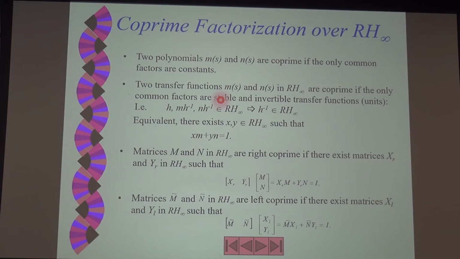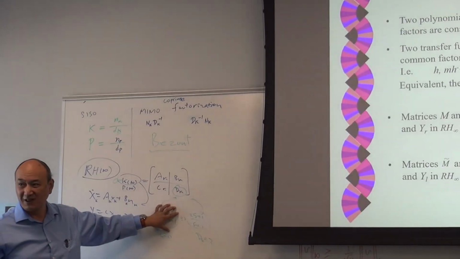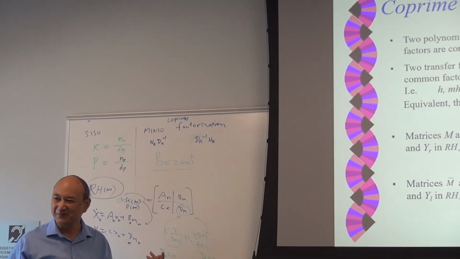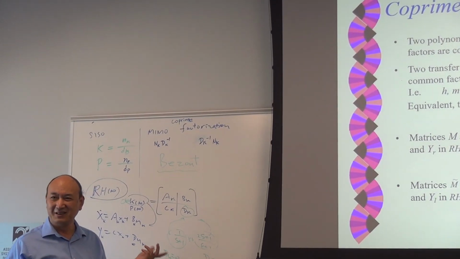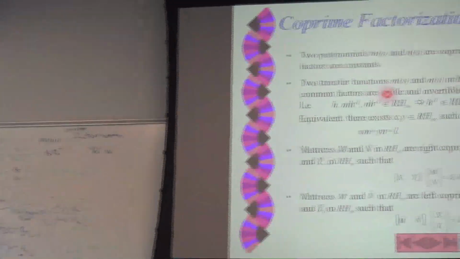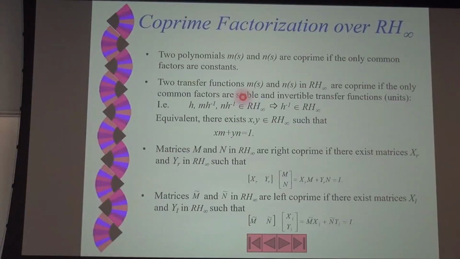So this is in RH infinity and the inverse is also in RH infinity. But not this one. This one is in RH infinity, but its inverse is not. So it's something different. That's why lead-lag compensation makes some sense. It's relative degree 0.